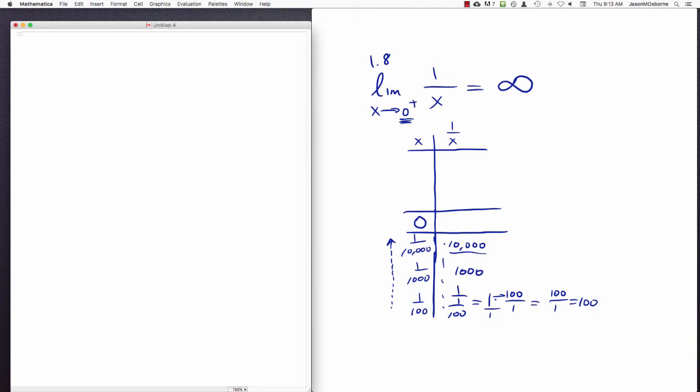Could you take a moment to try to complete the table of values as x goes to 0 from the left of 1 over x?